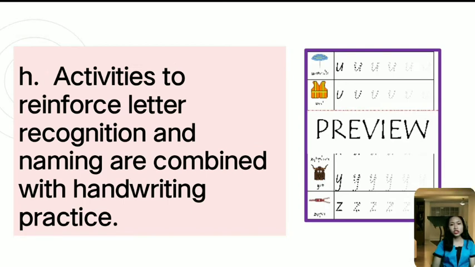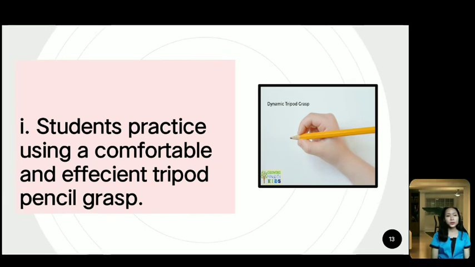Another suggestion in teaching handwriting is giving activities to reinforce letter recognition of the student. Students practice using a comfortable and efficient tripod pencil grasp. The student must practice the proper way of holding a pencil.